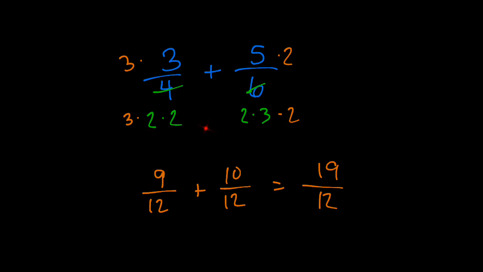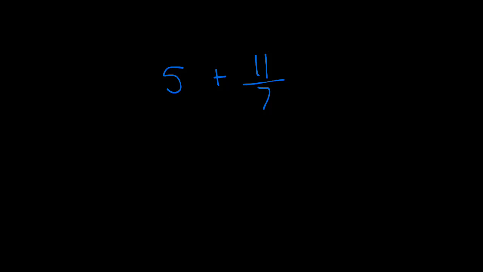But with this different idea of how to find a common denominator, that's going to apply to our rational expressions just a little bit better. So let's look at a couple more quick examples of adding fractions. Here we have 5 plus 11 over 7. We don't have a denominator in that first one, so this is really 5 over 1.